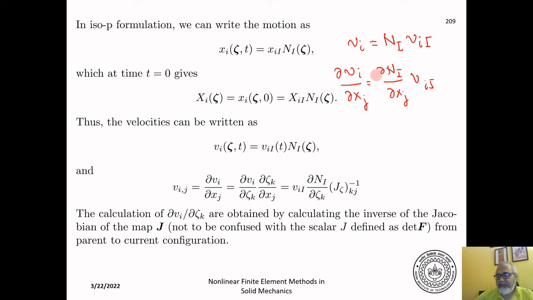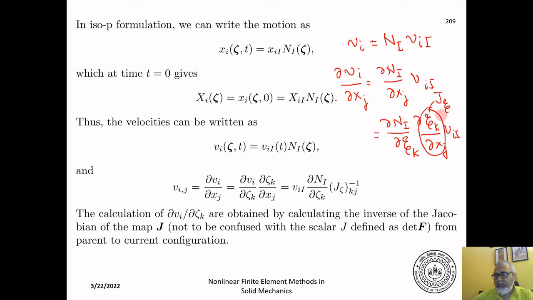Now N is actually a function of zeta. So this would be del Ni del zeta k times del zeta k del xj times viI, and this quantity is the inverse of the Jacobian.